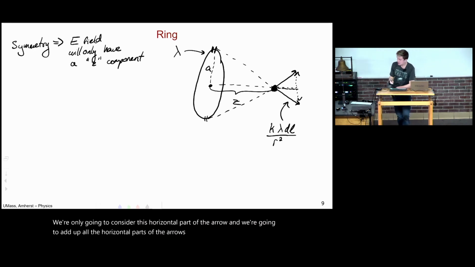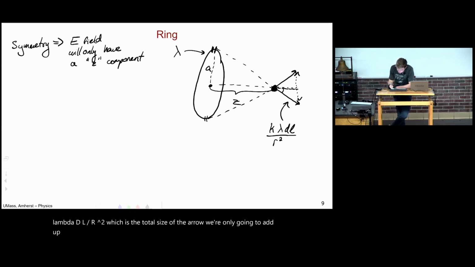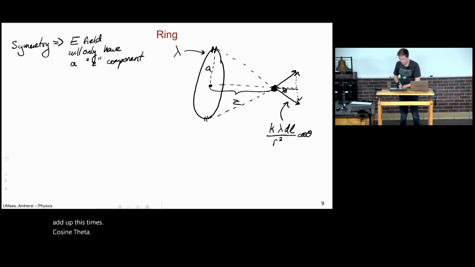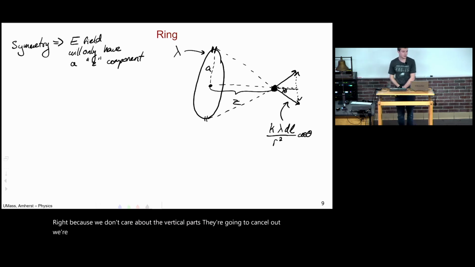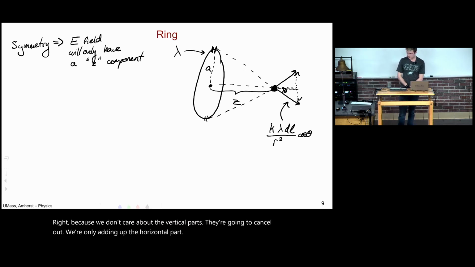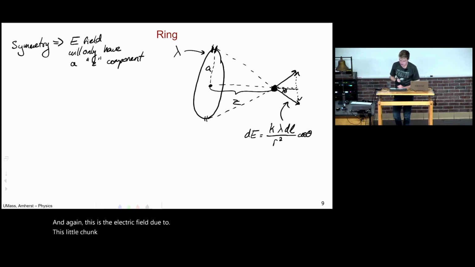So instead of adding up k lambda dl over r squared, which is the total size of the arrow, we're only going to add up this times cosine theta. Right? Because we don't care about the vertical parts. They're going to cancel out. We're only adding up the horizontal part. And again, this is the electric field due to this little chunk up here, dl.